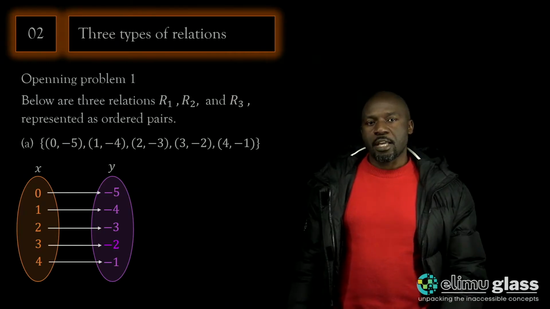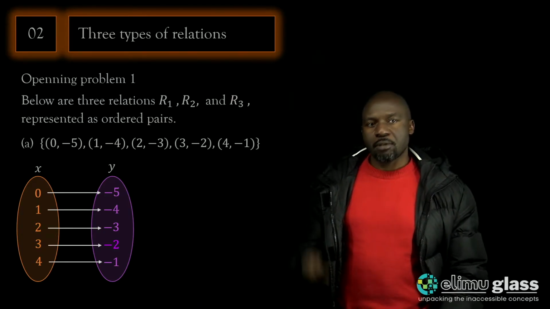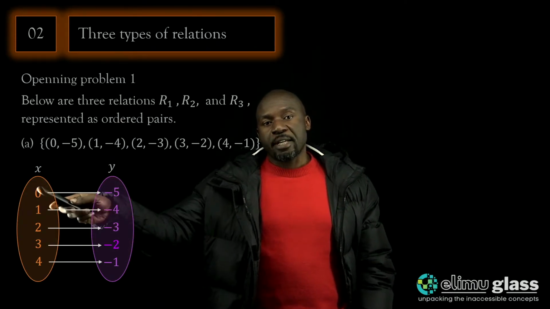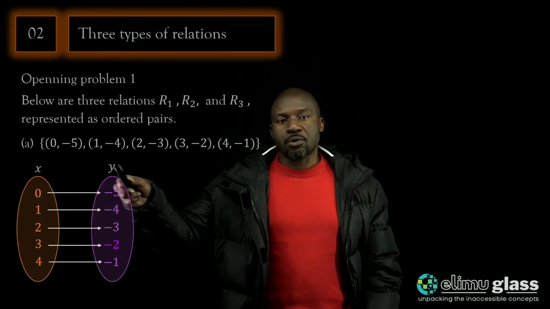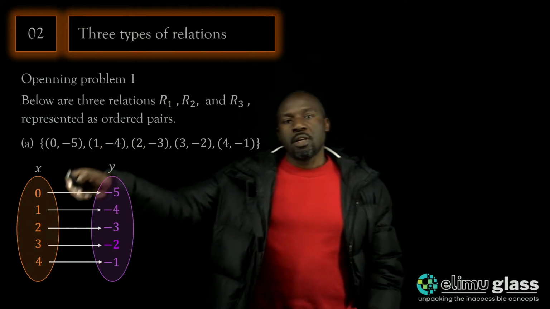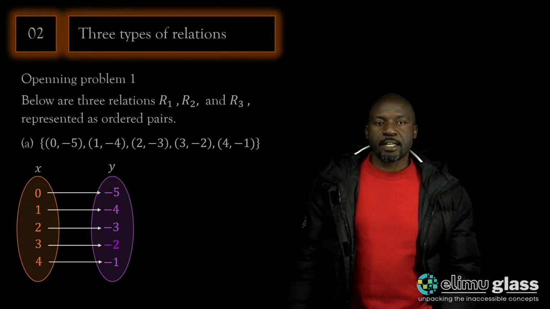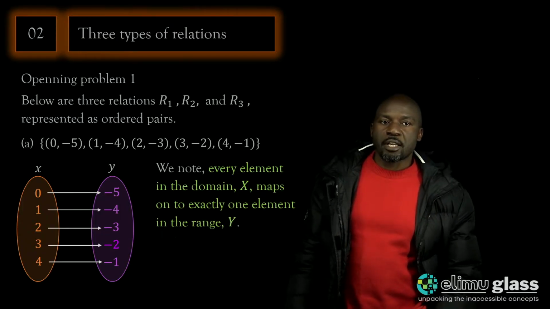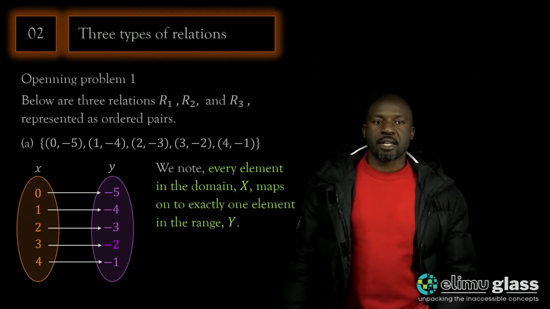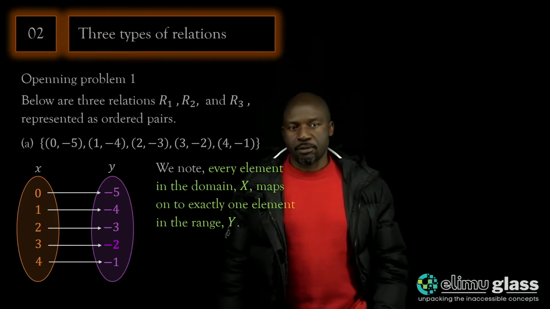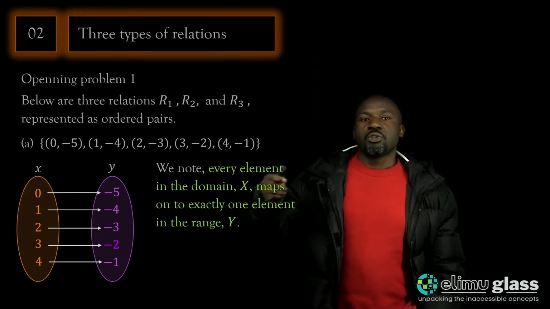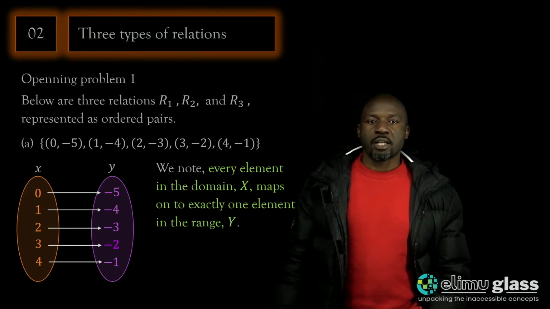Now what you notice here, and this is what we are introducing to help with the discussion, is that every element from the domain maps onto one element in the range. One input maps onto exactly one output. So we note that every element in the domain X maps onto exactly one element in the range. Because of that, we refer to this as a one-to-one mapping or one-to-one relation.